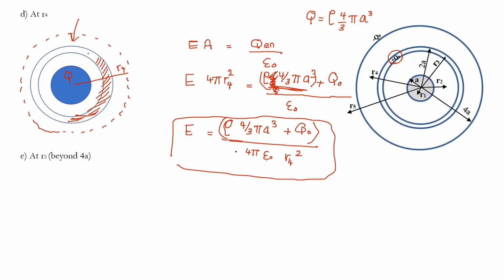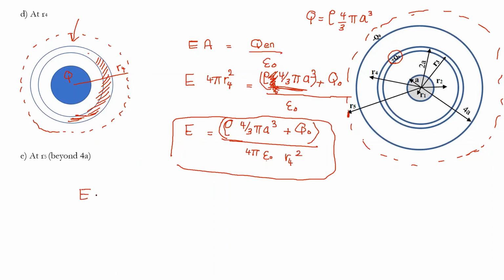Okay, last part. R5. R5 is here. So this is going to be your Gaussian surface. This whole thing. Don't mind my circle. It should be a sphere.